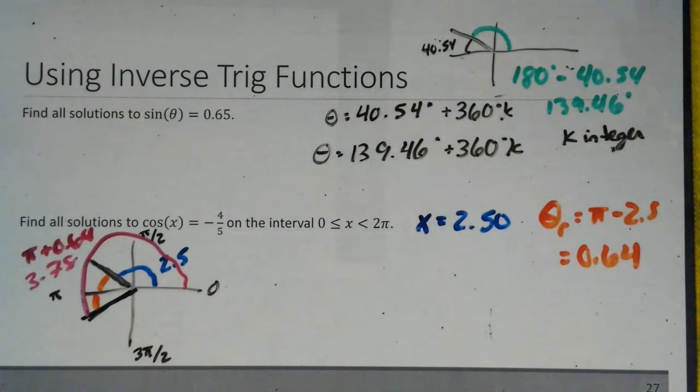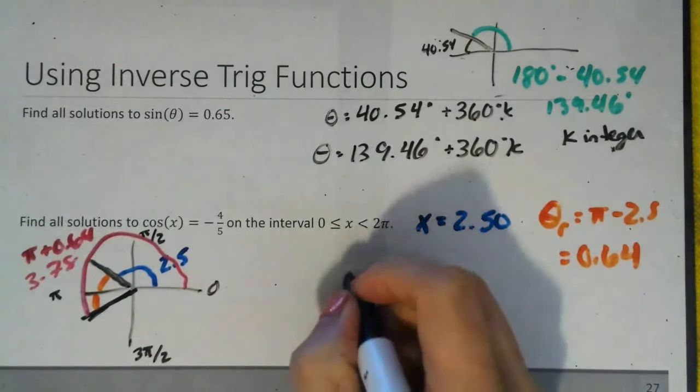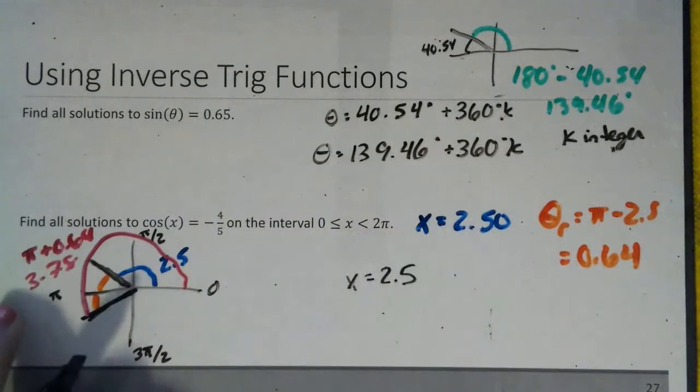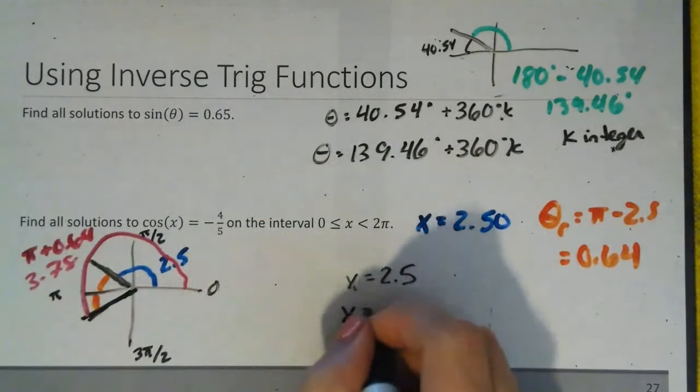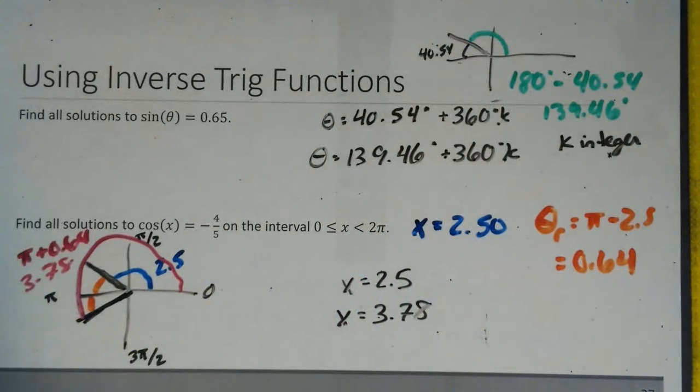So it looks like my two solutions on the interval 0 to 2 pi are x equals 2.5, which our calculator told us, and then the second one was x equals 3.78, which we just found.